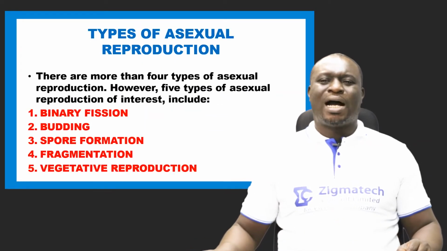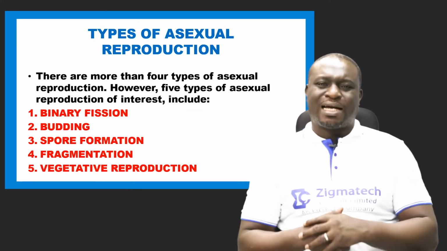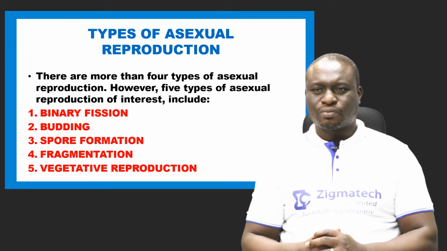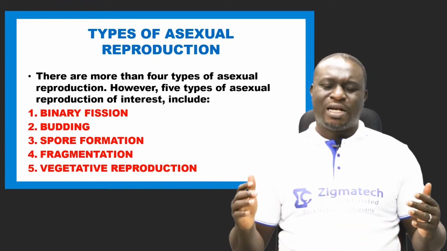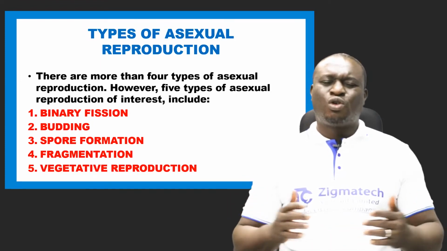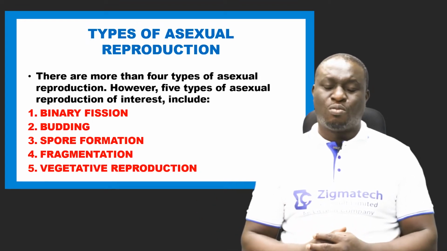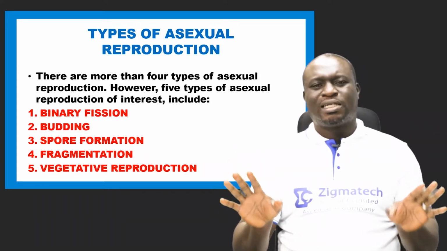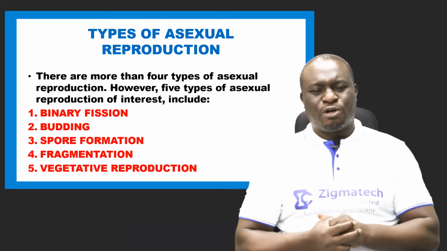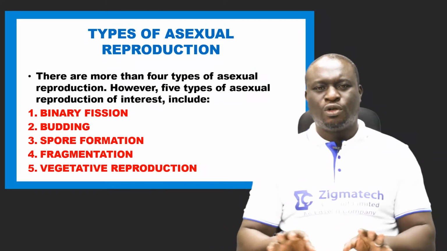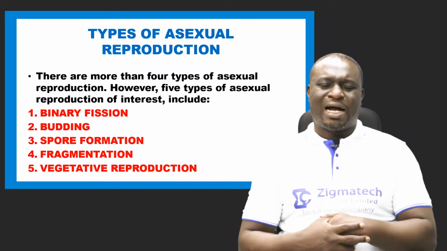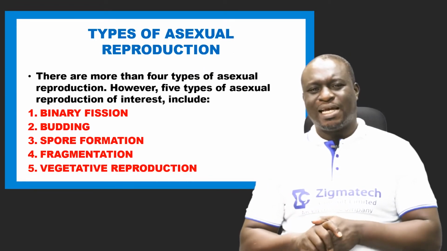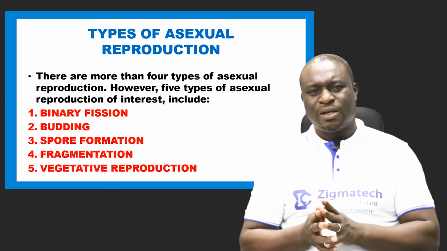Now let's take a look at some of the types of asexual reproduction. We have more than 4 types of asexual reproduction, but for now, we're going to look briefly at 5 types. The first one is binary fission.